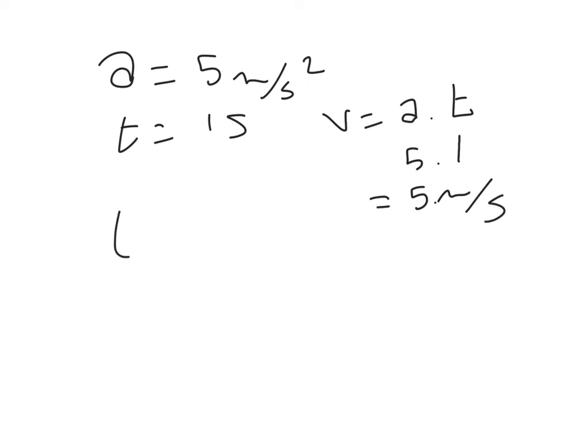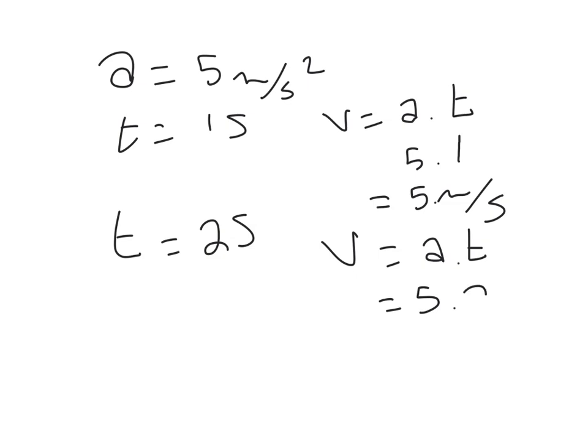Let's see time 2. So my next second, 2 seconds later, velocity is equal to acceleration times time. So 5 is my acceleration. My time in this situation is 2 seconds. 5 times 2 is 10 meters per second.